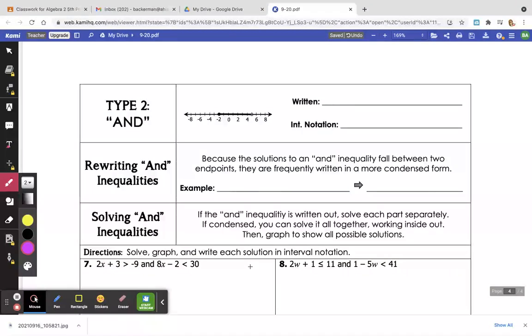So and is a little different. And is written as they're sharing a spot. Okay, and so because they're sharing it, the solution, the inequality is going to fall between two endpoints.